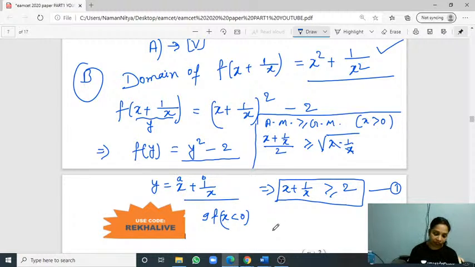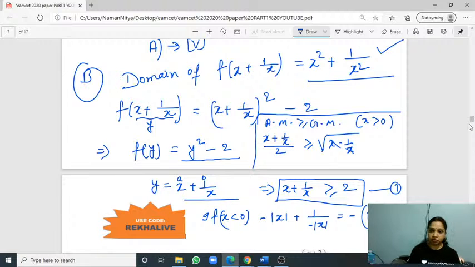In that case, in place of x, I write minus mod x plus 1 by minus mod x. Here also I am writing minus mod x. So this will be nothing but, taking the minus sign outside, mod x plus 1 by mod x.